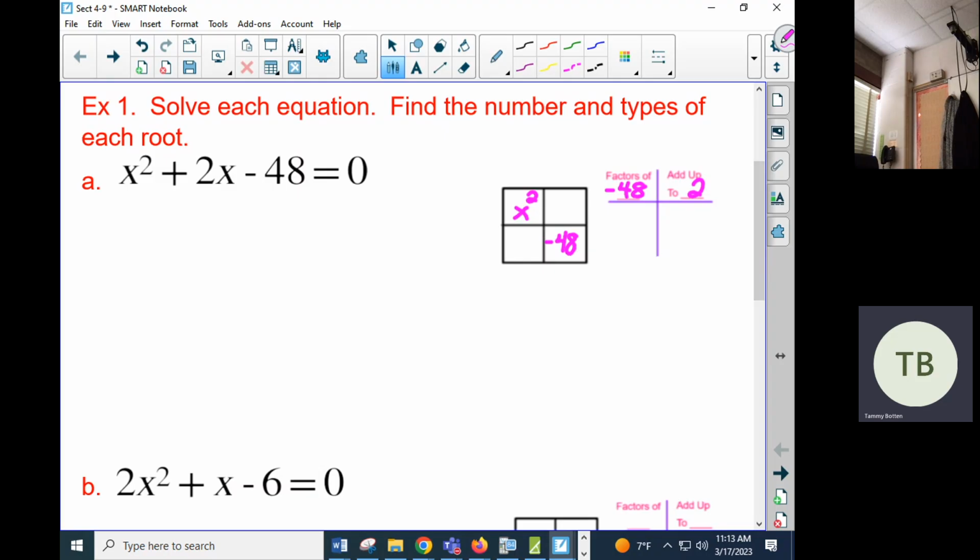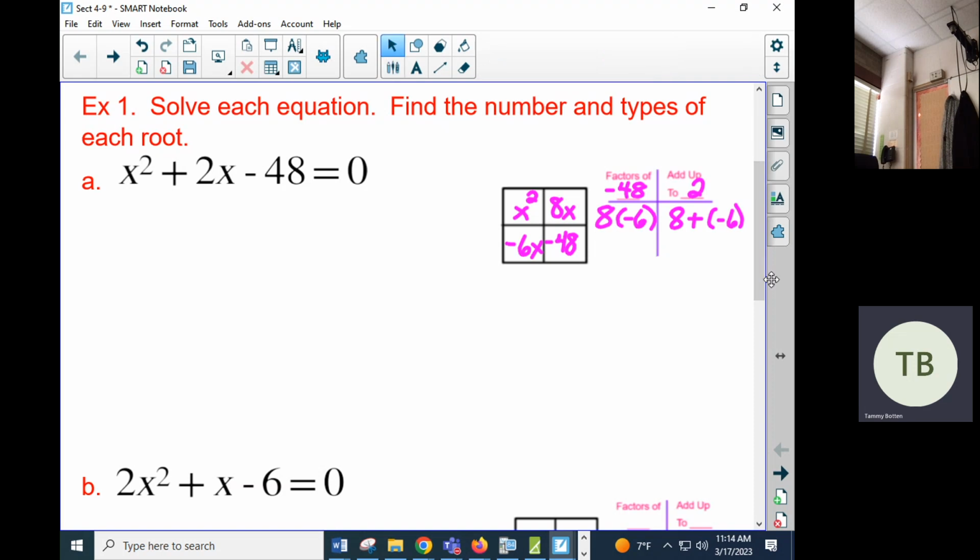Now, do you guys understand what two numbers multiply to give us negative 48 and add up to 2? 6 and 8. And which one would be positive? 8. The 8. Because this is positive, your biggest one would be positive. Had that been negative, the 8 would be negative. And then 8 plus a negative 6 is 2. So one of these would be 8x, one would be negative 6x.